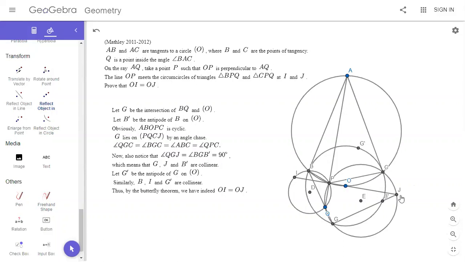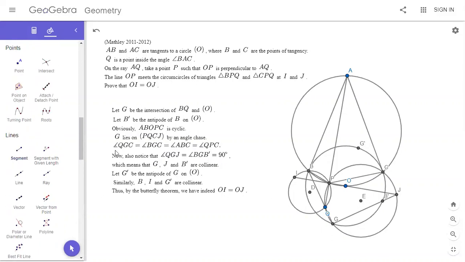And so B, I, and G prime are collinear. And then now we use the butterfly theorem. Since O is, let's see.